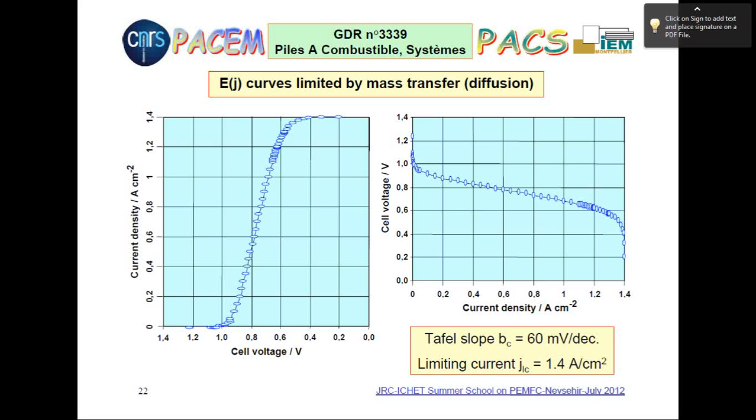Then you begin with exponential behavior because it is limited by electron transfer. And for higher current density, you reach the limiting current density due to mass transport of oxygen, for example, and you get that curve. It is a sigmoid curve, and then if you plot the cell voltage versus current density, it is the same curve, but you turn the curve by a 90-degree angle, and you get this characteristic, which is due to mass transfer limitation. Okay?